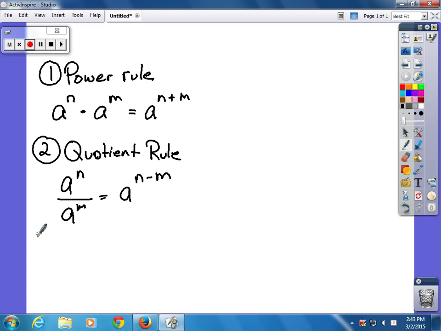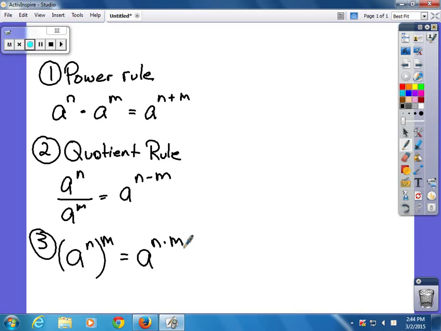Power rule says that if you have an exponent raised to an exponent, what do you do with them? You multiply them. Now all three of these rules have something to do with the mechanics of the exponent, in other words, how to work it, how to manipulate it.